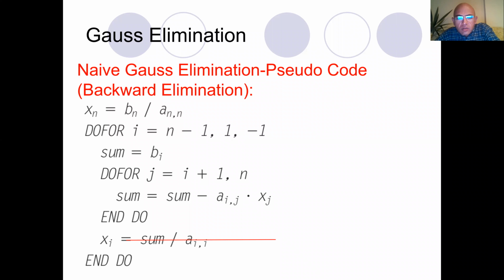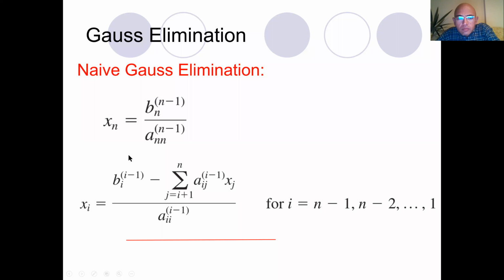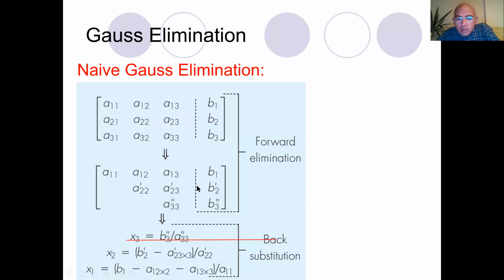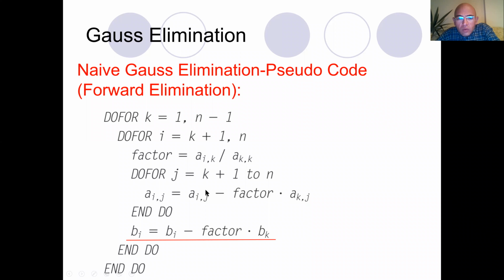Then let's go for the backward elimination. Again, what we do in this case is we begin first finding the last variable, and then we do the following operations. So we begin from b_i, we say that it is sum. So first I put this value b_i, and then I will sum the rest.